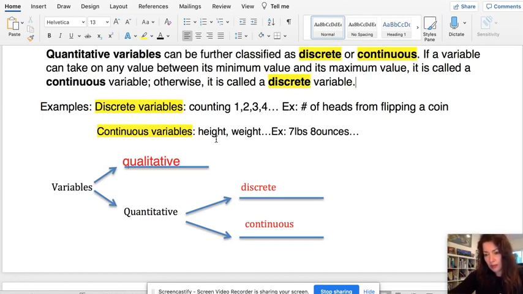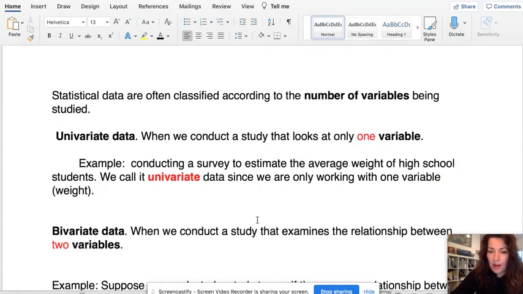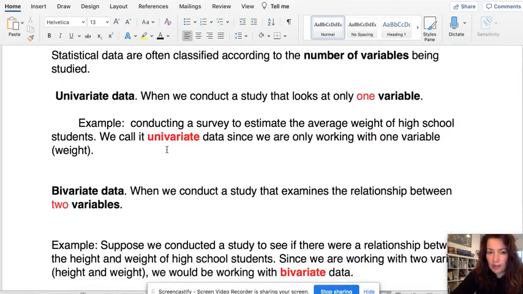So everywhere I look, there will be a measurement. But if I'm counting 5 people, I'm not going to say 1.2 people. So there's a jump between the first person to the second person to the third person. So that is known as discrete. So again, variables could either be qualitative, which is categorical, but if they are quantitative, they could be either discrete or continuous.